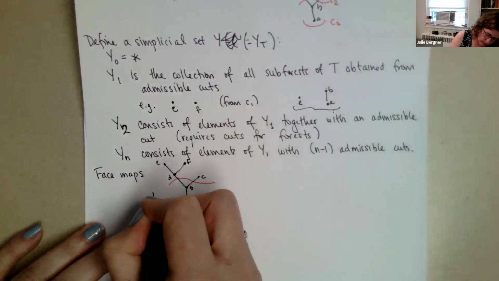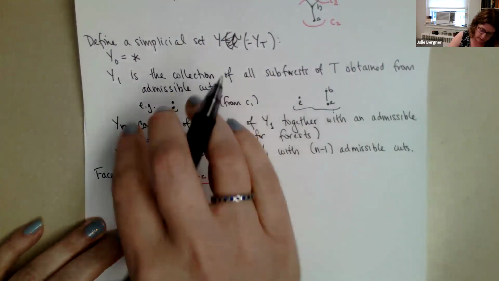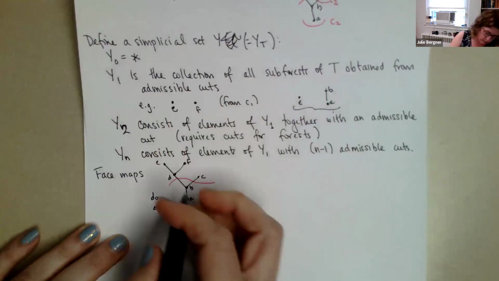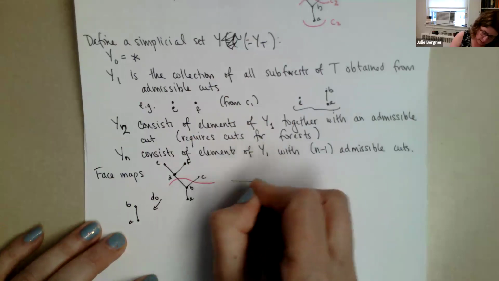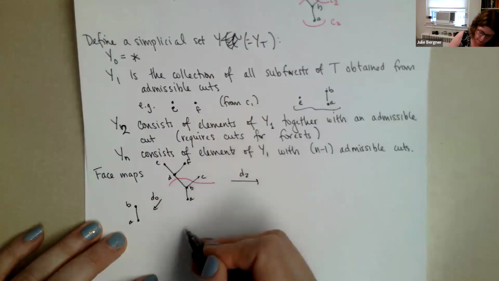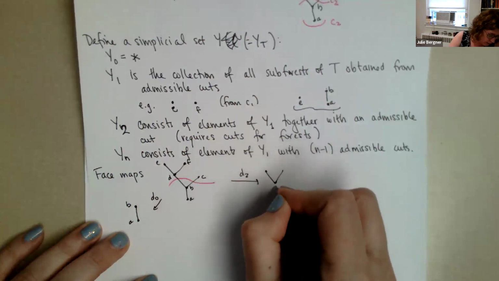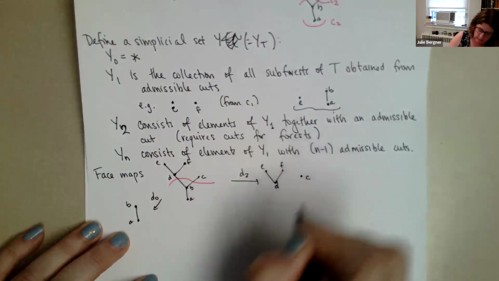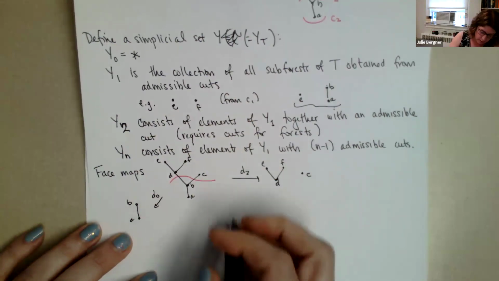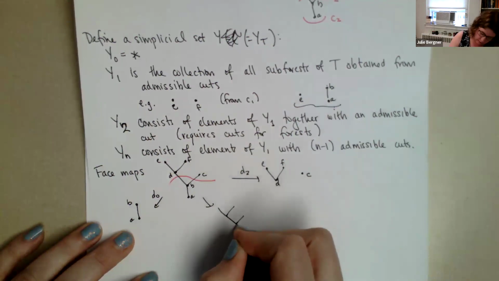And D0, so we work from top to bottom, means just throw out everything above the cut. So we would just be left with AB. D2 would be remove everything below the cut, so this would result in the forest DEF and then C, disjoint from it. And then D1 is just the whole thing where you just forget the cut.